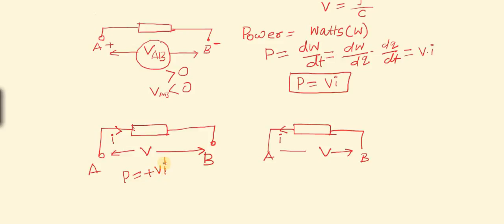This is absorbing power. And here in this case, P is equal to minus VI, since the current is coming out from the element, and this is called supplying power.